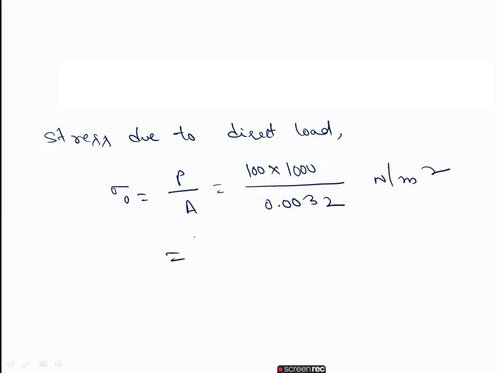If I calculate this one, you will get 31.25 into 10 power 6 Newton per meter square. So this is the sigma naught value, that is the stress due to direct load. Now we have to calculate sigma B, that is the maximum bending stress.